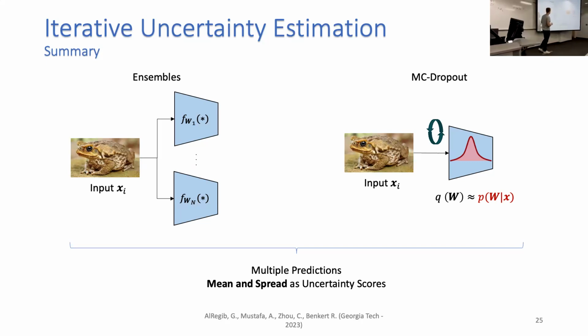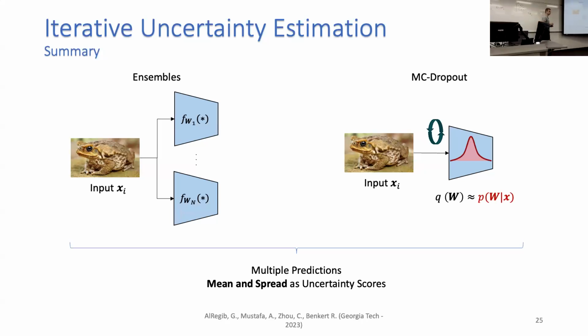Now, what they all have in common is that they result in these multiple predictions, and we have a mean and a spread as an uncertainty score. So I want to take some time to help us understand how this mean and the spread really relate to uncertainty.